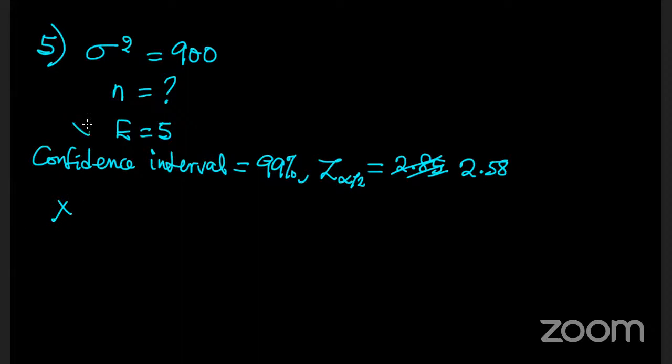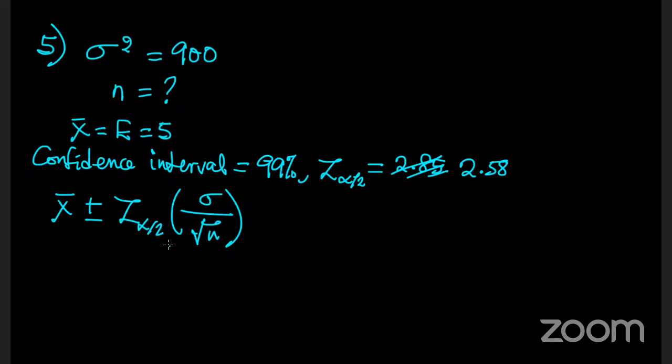So we can write this plus or minus the Z score. So I think all we need to do is to make n the subject.